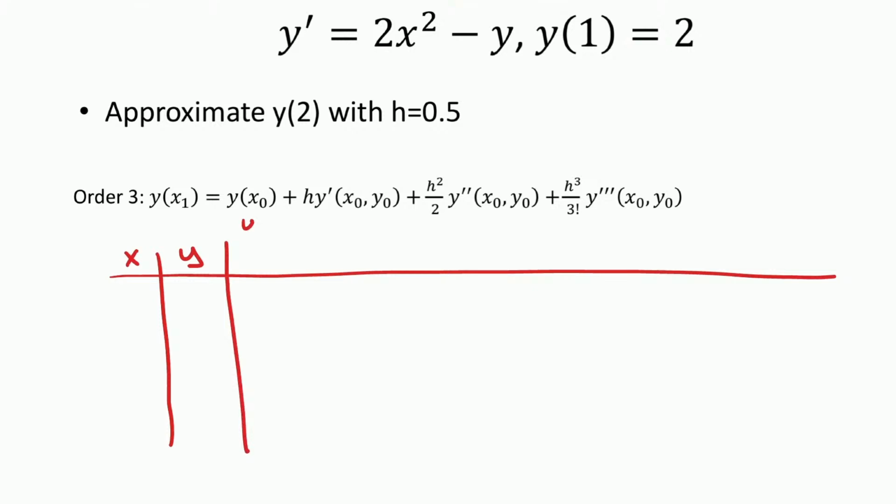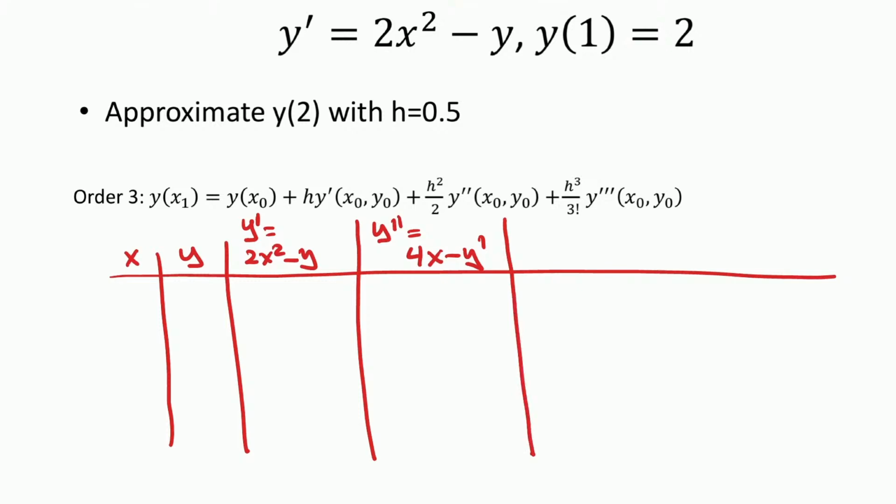And then this is y prime, which is 2x squared minus y. And then y double prime we did already: 4x minus y prime. Now we just need y triple prime.